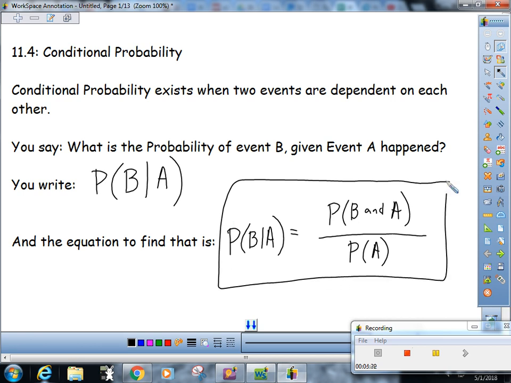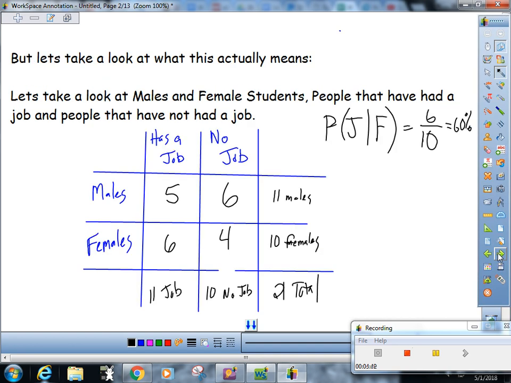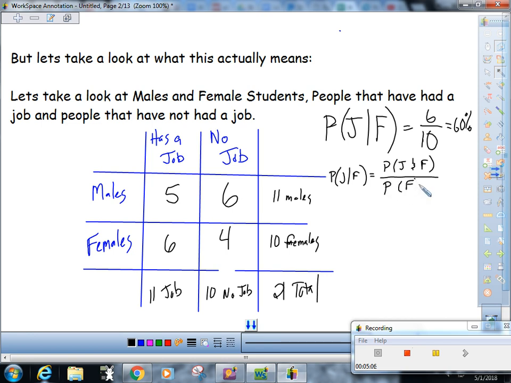Now I'd like to show you how this relates to this equation right here. So take a good look at that equation. The probability of B given A is the probability of B and A divided by the probability of A. So, the probability of having a job given that you are a female is equal to the probability of having a job and being a female divided by the probability of being a female.